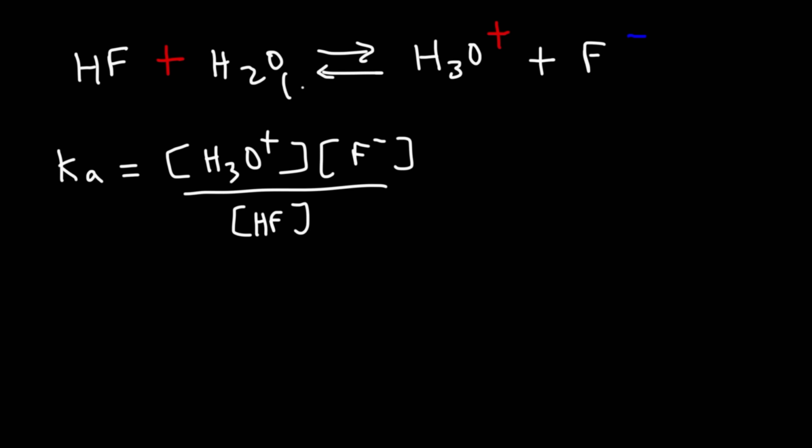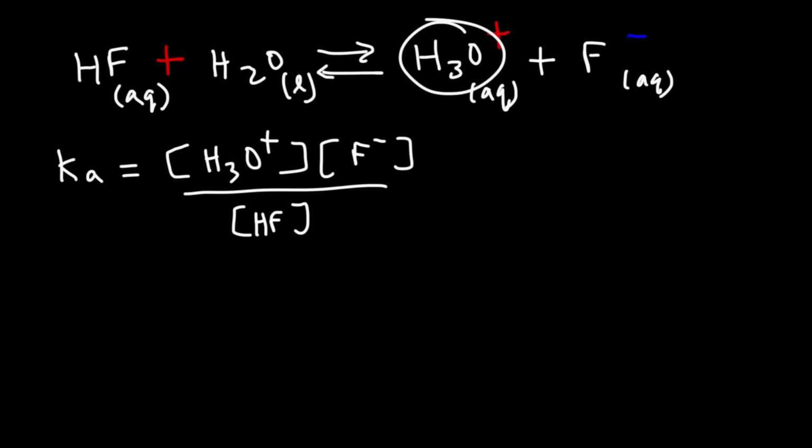Water is a liquid, so remember, liquids and solids are not included in the equilibrium expression. Everything else is in the aqueous phase. It's dissolved in water, so you do include them in the equilibrium expression. Now, once you calculate H3O+ using ice tables, you can calculate the pH using the equation that we just considered.